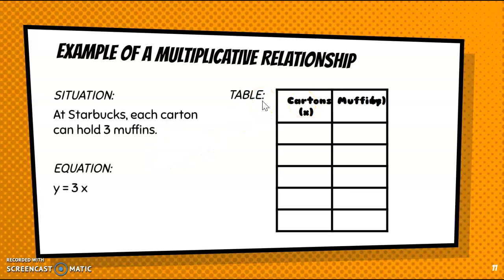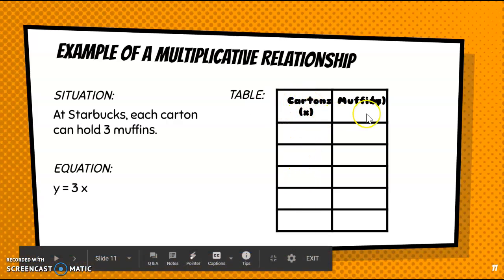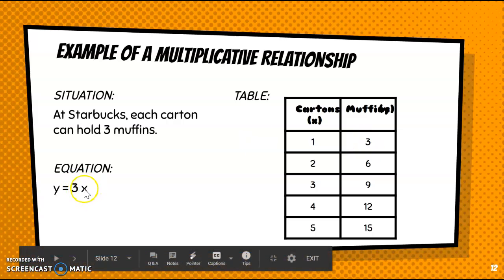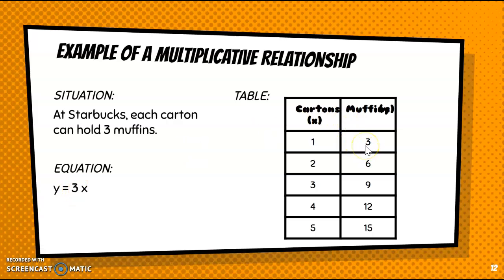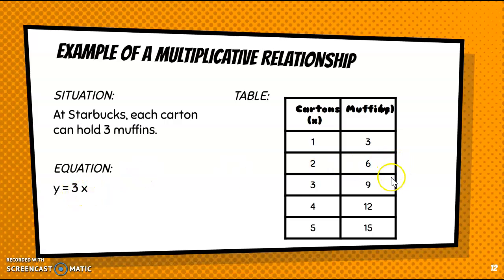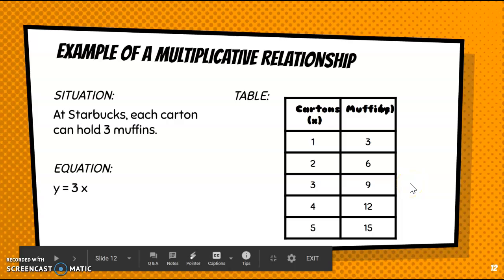If we wanted to create a table, we could fill in any number of cartons and put in the number of muffins. If we had 1 carton, we would get 3 muffins, because we would input a 1 where the x is. So 3 times 1 would give us 3. The same thing for 2: 3 times 2 would give us 6, and so on for the rest of the table.